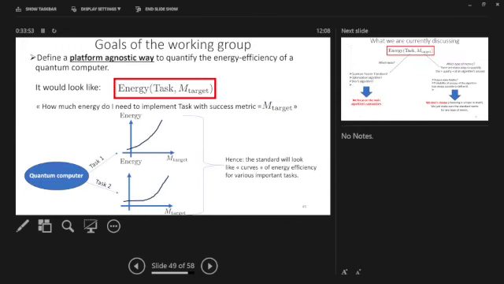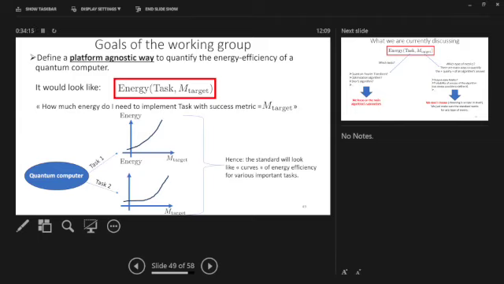It means that I take a task, say a quantum Fourier transform on a given number of logical qubits, and the people should take the same task, the same target accuracy, and then they could compare: is my quantum computer solving this task with this accuracy better than yours?